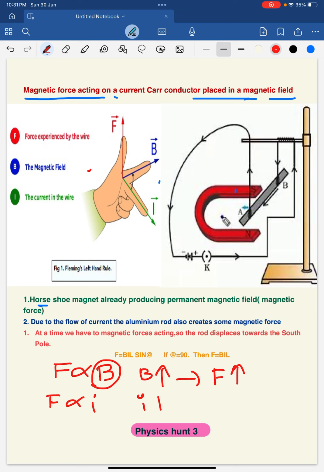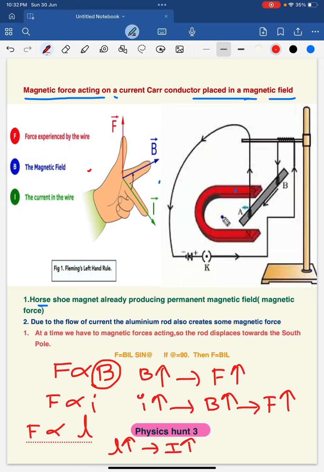That means if the current flowing through the circuit is maximum, it creates more magnetic field. So if more magnetic field is present, more magnetic force is generated, and this magnetic force is directly proportional to the length of the conductor. That means if the length of the conductor is maximum, which allows maximum current, when the current flowing through the conductor is maximum, it creates more magnetic field. When more magnetic field is created, more magnetic force is generated.